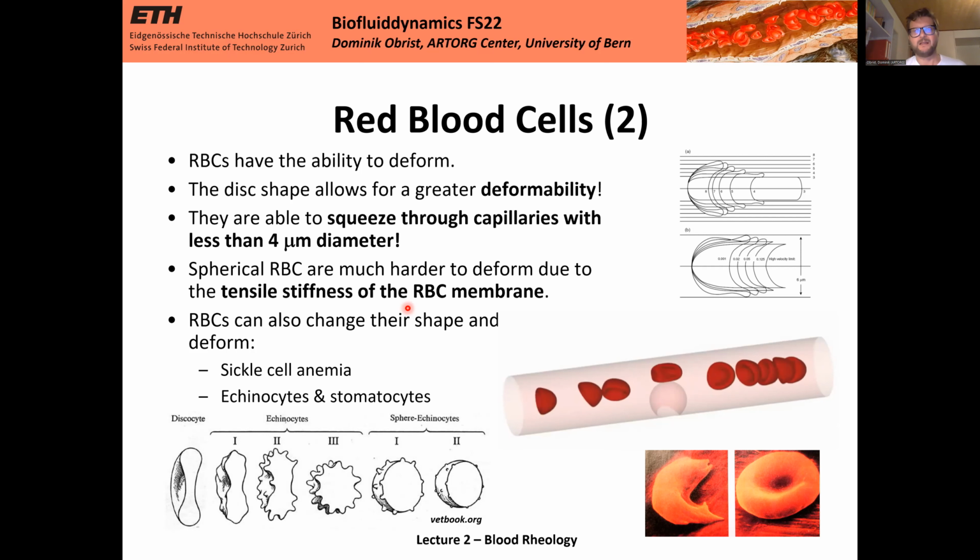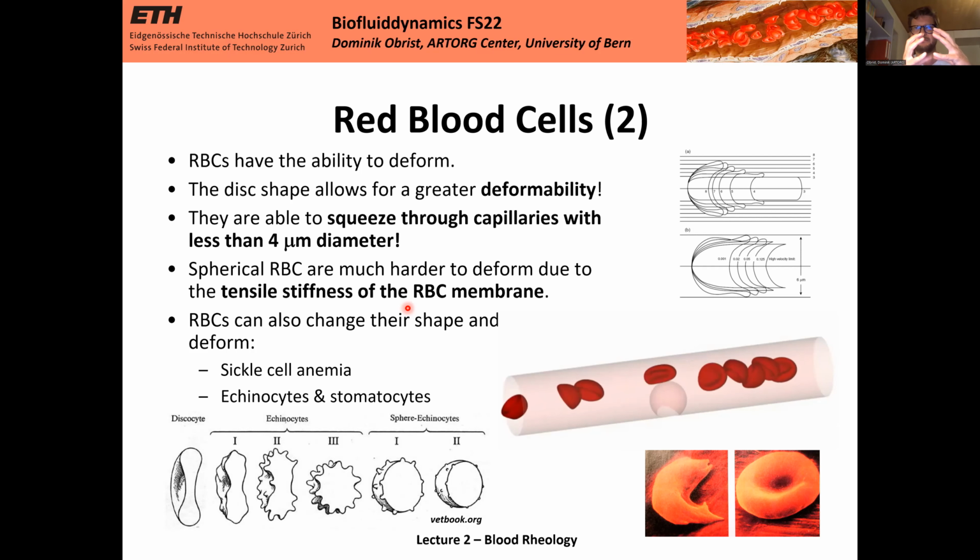Now, let us do a thought experiment. What if red blood cells were spherical? If they were spherical, they probably would not be deformable. Why is that? Well, a sphere is an optimal shape in the sense that it has the smallest possible surface area for a given volume.